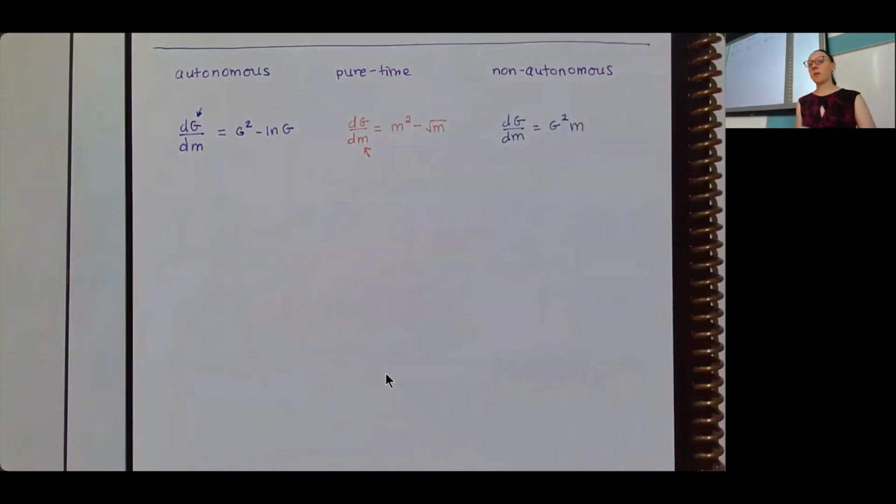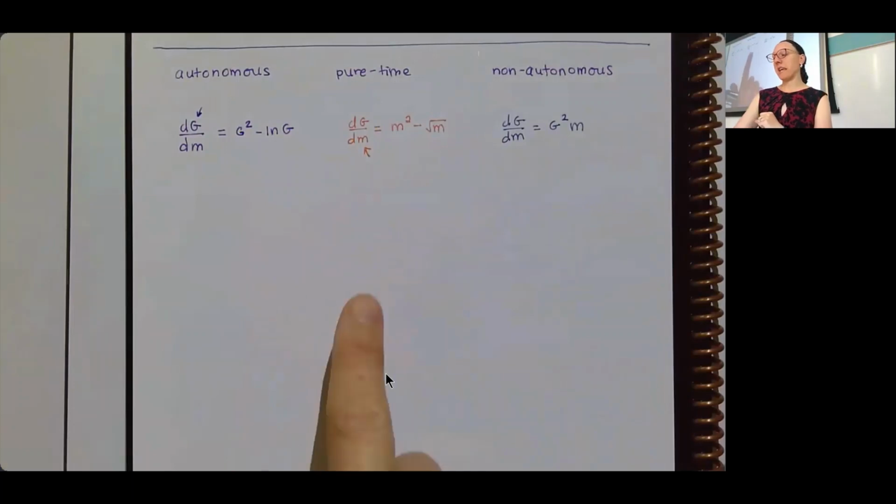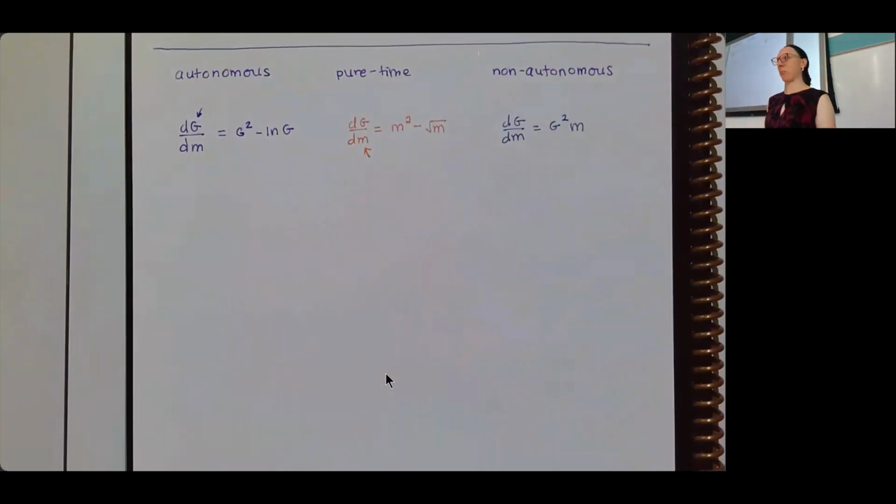Now, there are other ways that we can categorize differential equations. We can talk about them being separable. Both autonomous differential equations and pure time differential equations are also always separable.